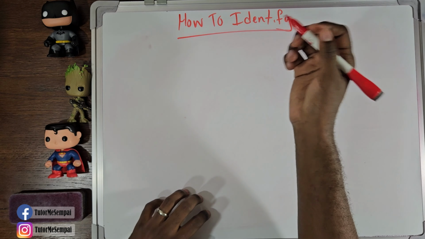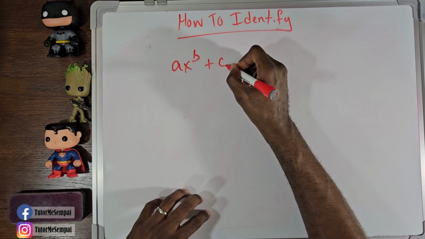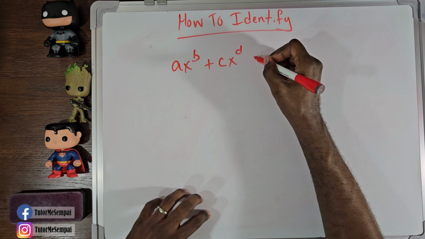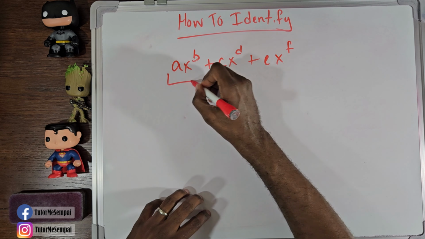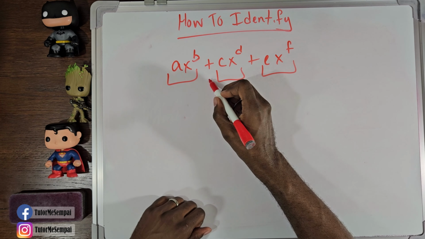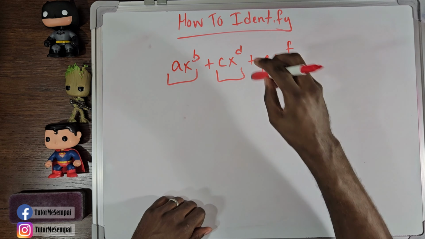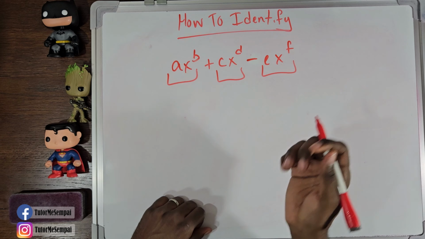So if you have a whole polynomial that says ax to the b plus cx to the d plus ex to the f, this is a term, that's a term, that's a term. Notice each of them are separated by addition. I can change this to be subtraction, and they're still going to be terms.